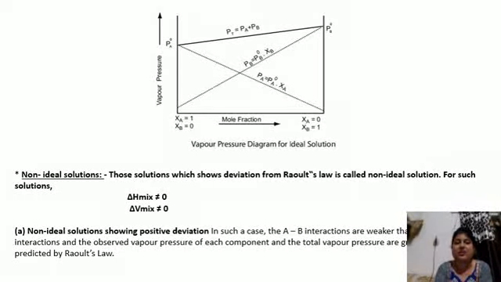First of all, the non-ideal solution with positive deviation. Positive deviation means the interaction between solute and solvent is weaker than between solute or solvent.